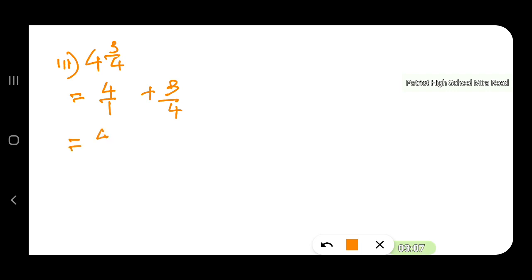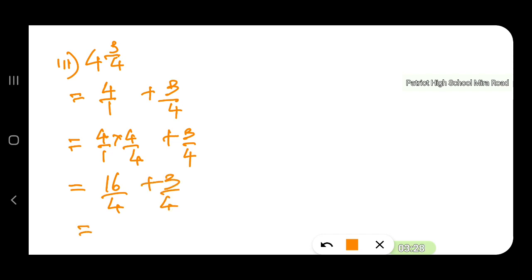So we multiply 4 upon 1 by 4 upon 4, which is nothing but 1. So the value of 4 doesn't change, plus 3 upon 4. This is equal to 16 upon 4, which is 4, plus 3 upon 4. 16 plus 3 is 19. 19 upon 4 is the answer. Improper fraction.